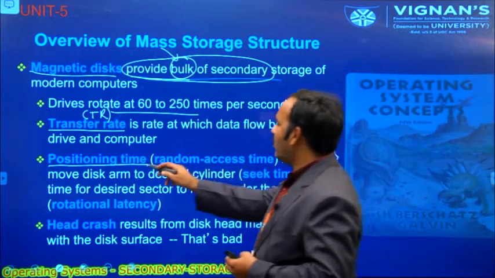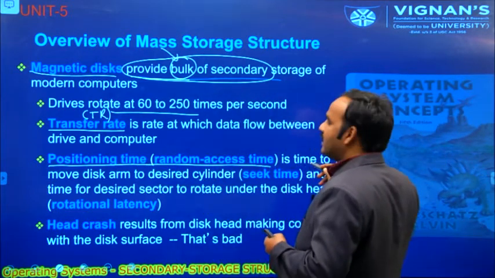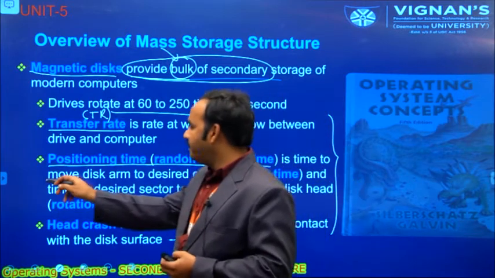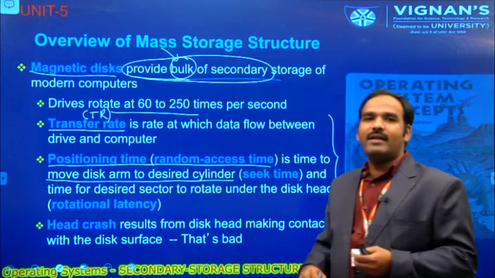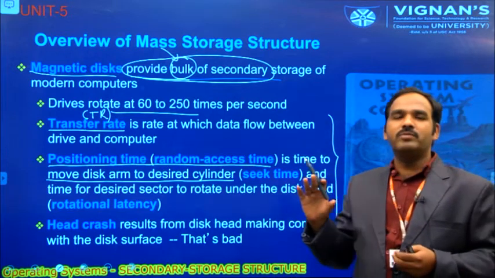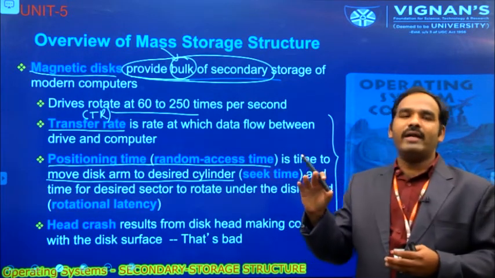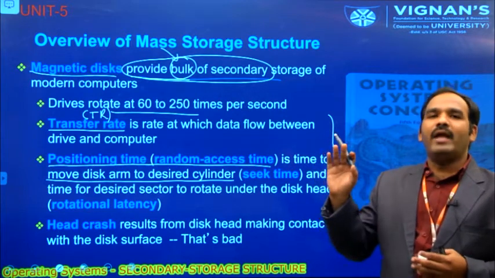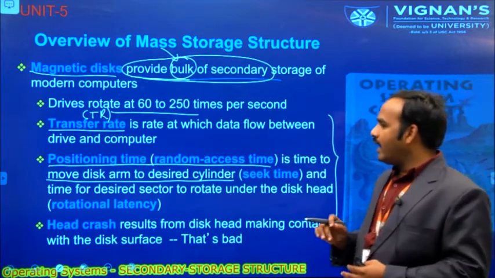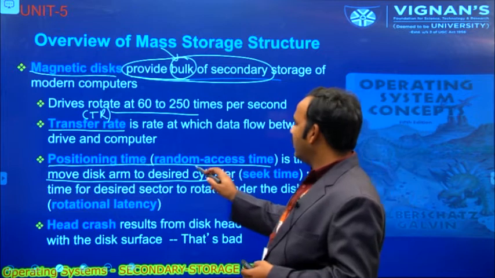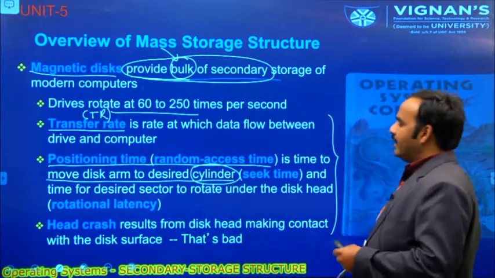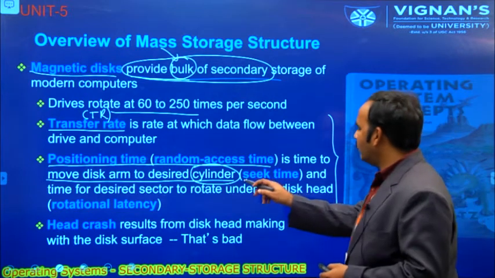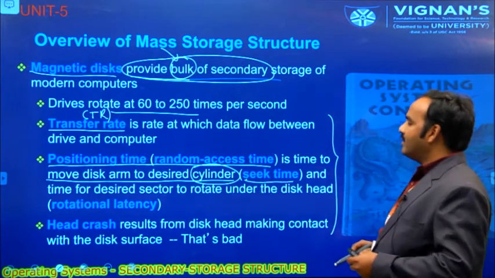This is also called random access time. It is the time to move the disk arm to a desired cylinder. Whenever the arm is moved, all read and write heads move at a time. So here we are talking about cylinder instead of track, and this is also known as seek time.